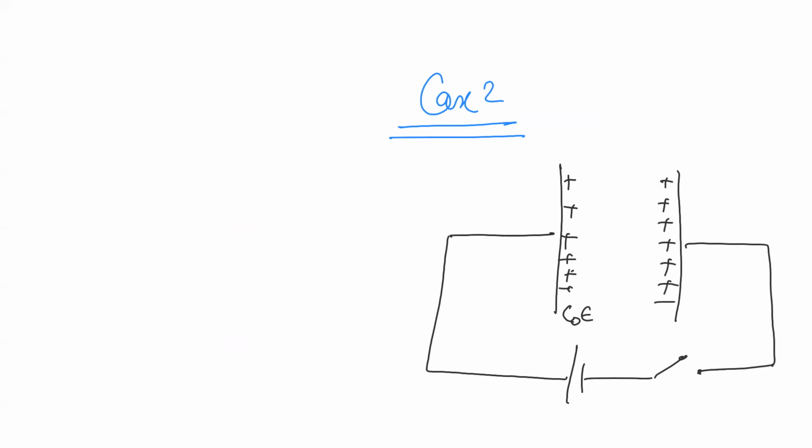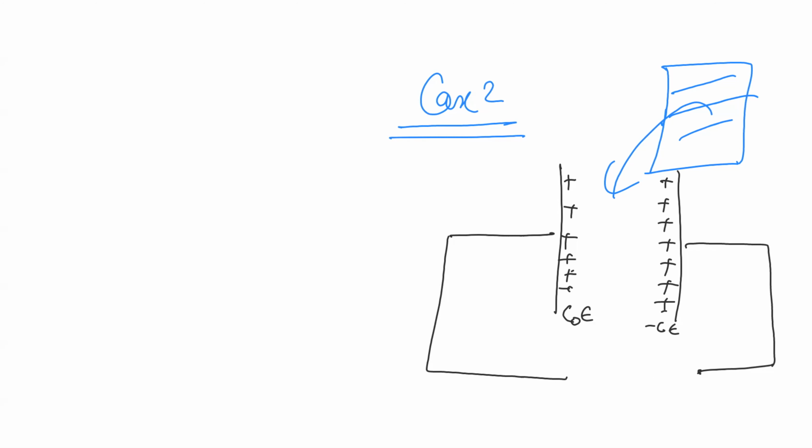Where E is the EMF it is maintaining, and the other plate has charge minus C naught E. After that, we are inserting the dielectric fully into it. So the dielectric is inserted after disconnecting the battery. Battery is not there. We disconnected the battery now.